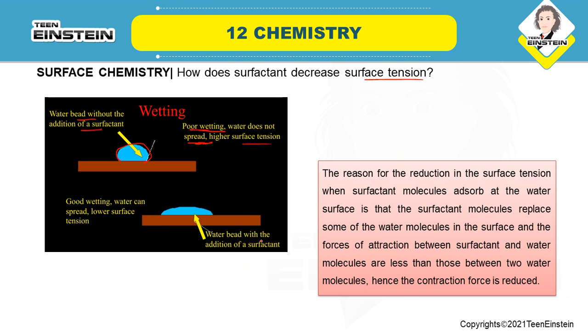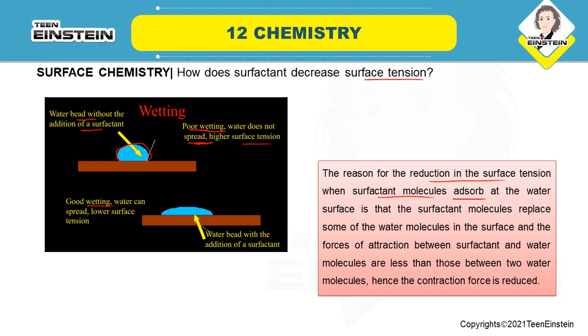Okay, so water bead with addition of surfactant, now it is good wetting, it can spread, and the reason is surface tension is lowered. And the reason for the reduction in surface tension when we add surfactant molecules is that these surfactant molecules will adsorb at the water surface.